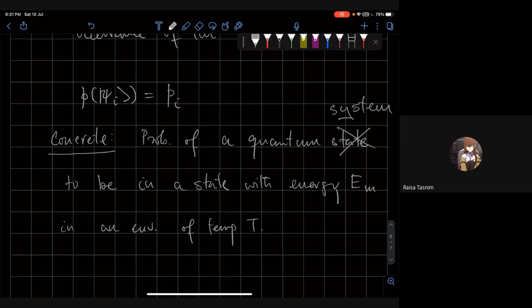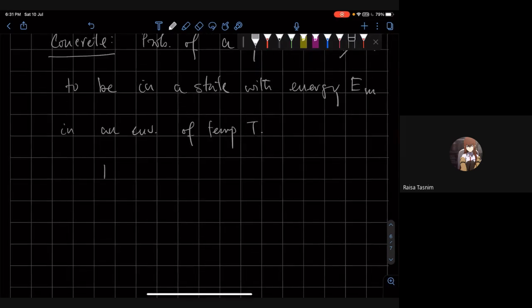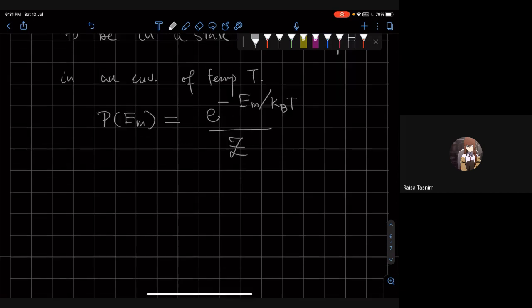Well, from statistical mechanics, it's exactly the same thing as we saw before. Quantum statistical mechanics tells us the probability is given by e to the minus Em over kB T, divided by some normalization constant called the partition function. So it's the same from statistical mechanics, for classical and quantum, that's the same thing.